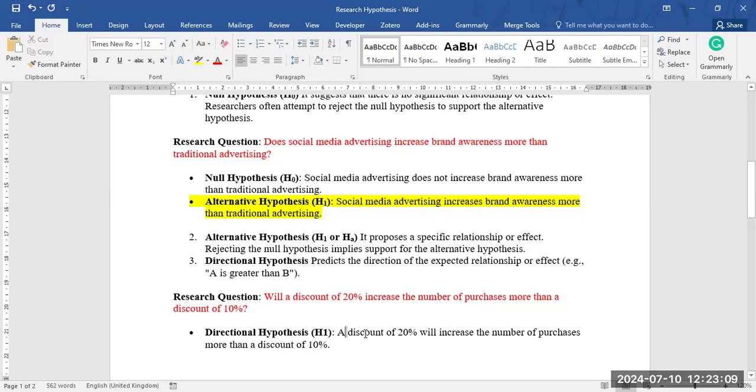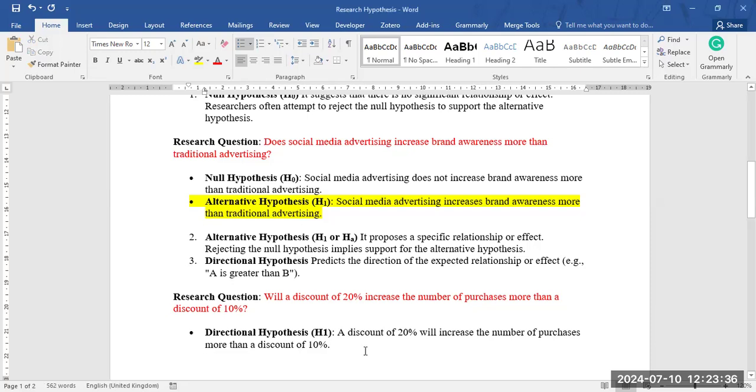A discount of 20% will increase the number of purchases more than a discount of 10%. So here, marketers test this hypothesis by running a marketing campaign with the two different discount levels and comparing the number of purchases made during each campaign, the 20% campaign and the 10% campaign.